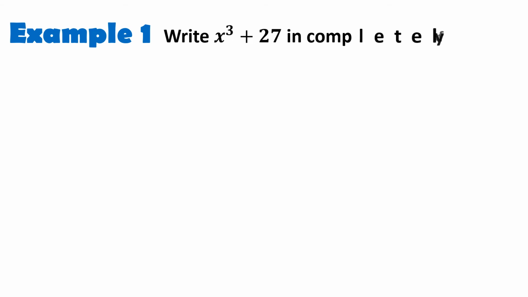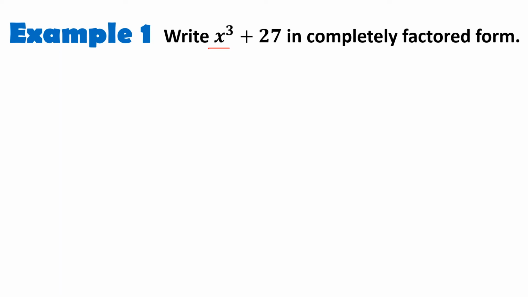Let's try example number 1. Write the expression x cubed plus 27 in completely factored form. First, consider the two terms must be perfect cubes. Let's check. The variable x is raised to the power of 3, and 3 is divisible by 3.